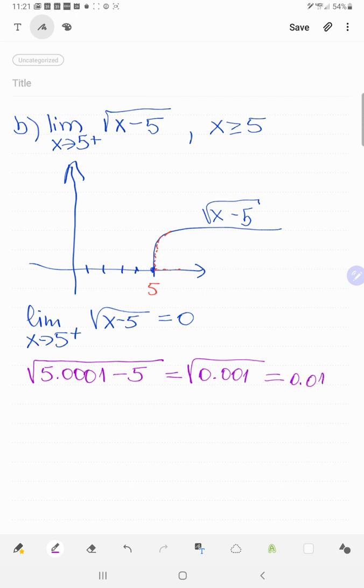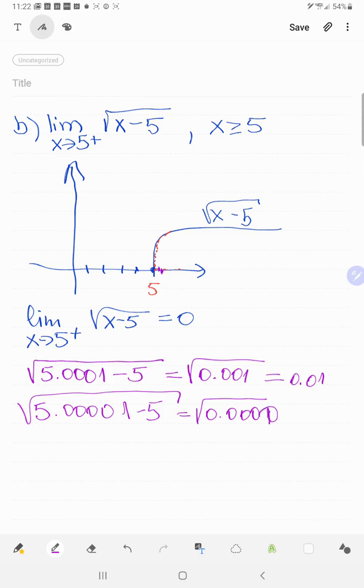If we plug in an even closer number to 5, so we add more zeros, let's say 5.00001, we then get the square root of 0.00001, with four zeros.